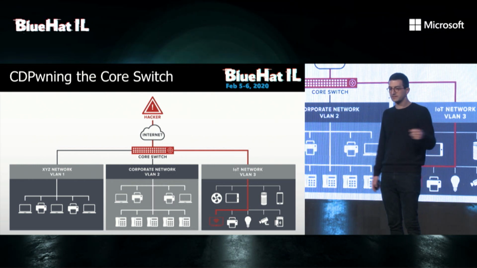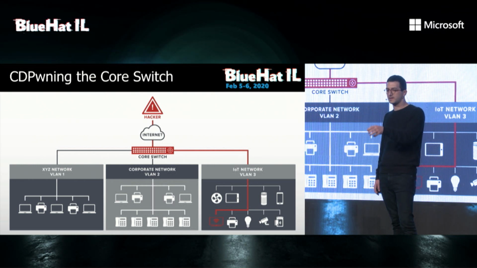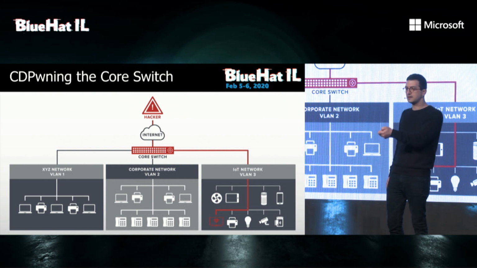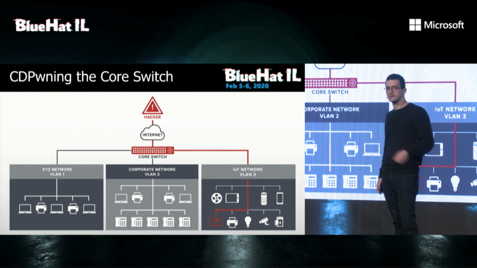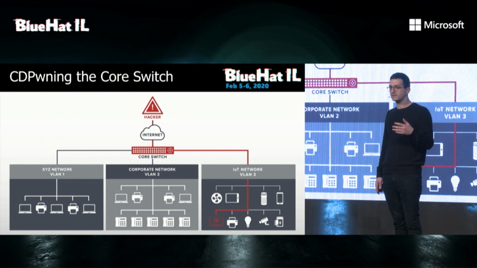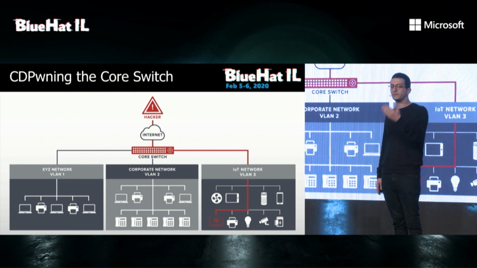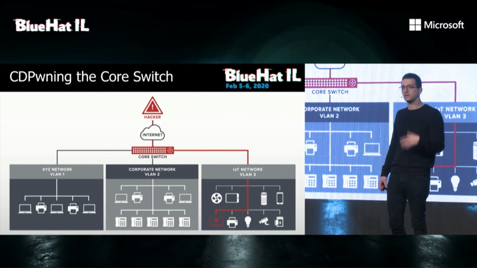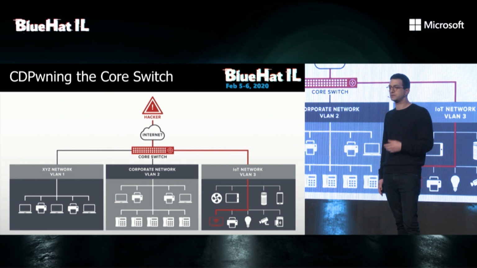So we will get to the vulnerabilities in a minute, but again, if the attacker has something like CDPwn, how would he use it? So if he, for example, has code execution in a certain IoT device, he can send maliciously crafted CDP packets that will be parsed by the core switch. And if a vulnerability exists there, that might lead him eventually to code execution.